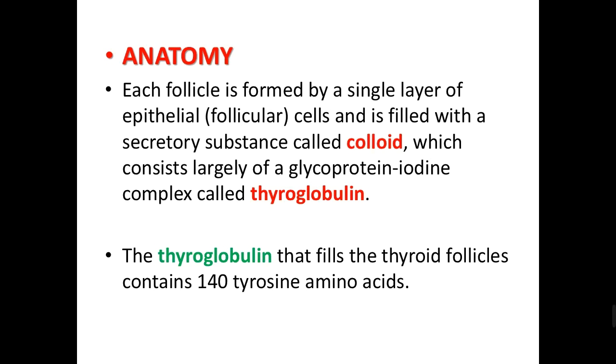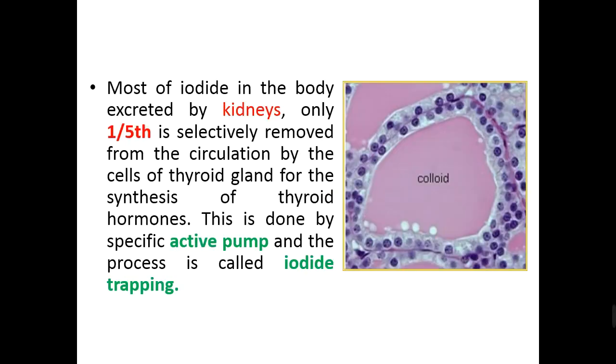The thyroglobulin that fills thyroid follicles contain 140 tyrosine amino acids. Most of the iodide in the body is secreted by the kidney. Only 1/5 of the body iodide is selectively removed from the circulation by the cells of thyroid gland for the synthesis of thyroid hormones.